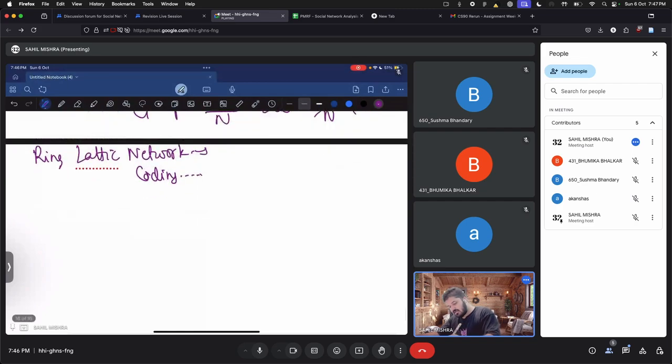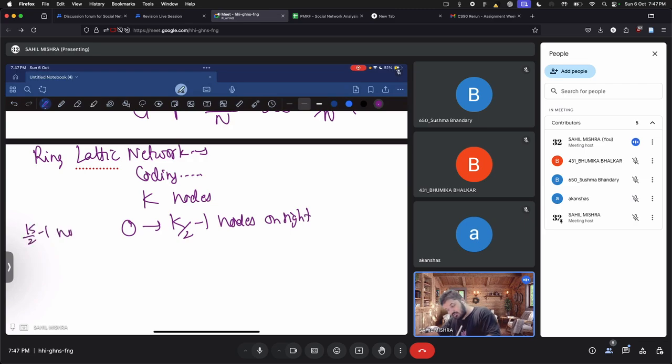So I'll explain it. It tells that if there are k nodes in a graph, then a node is connected to k by 2 minus 1 nodes on the right, and k by 2 minus 1 nodes on the left.